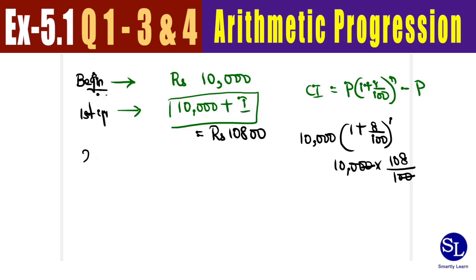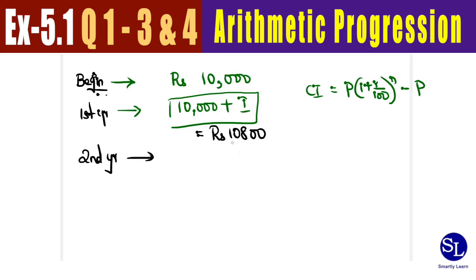Now the second year. Let us calculate what is going to be the interest I incur in the second year. Remember, this is compound interest, which means my principal is now 10,800. So 10,800 into (1 plus 8 by 100), the whole power 1 only. Why? Because I am going to calculate the interest for the next year, so the duration period is still 1.